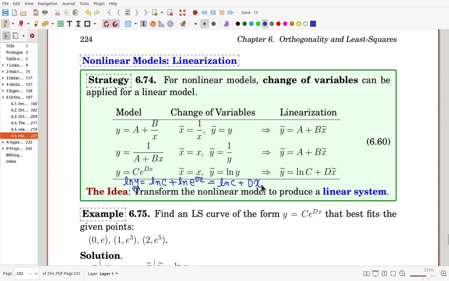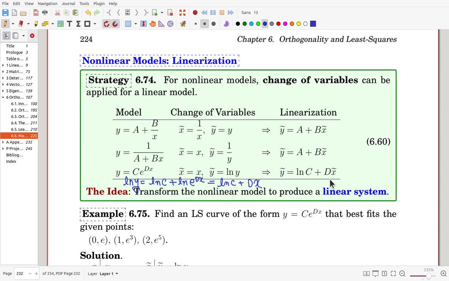Now we introduce y tilde to be logarithm y, and for x we don't need a change, but here we use x tilde. Then this equation becomes y tilde equals d x tilde plus logarithm c.